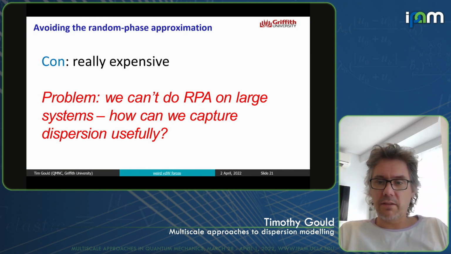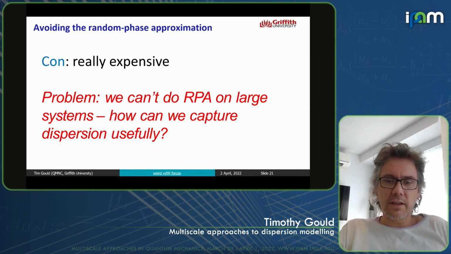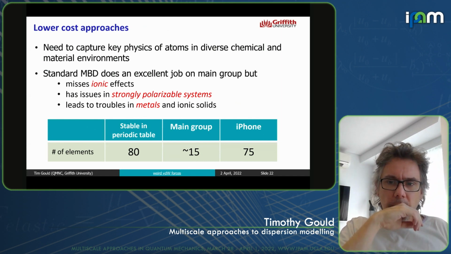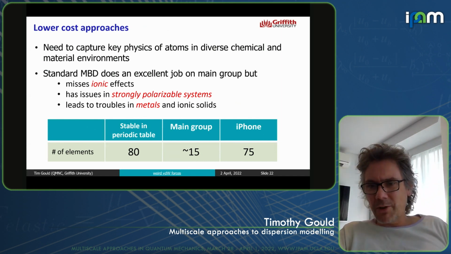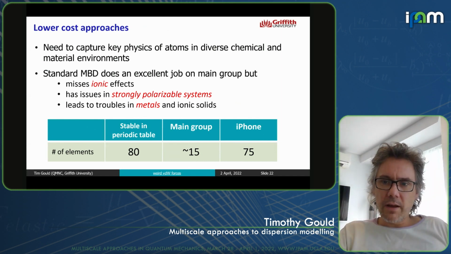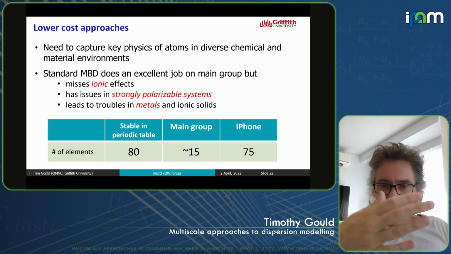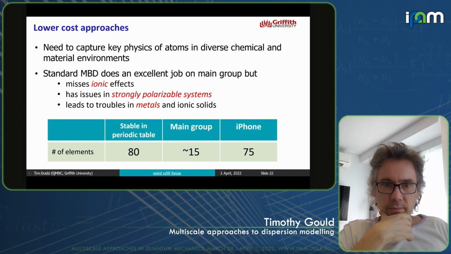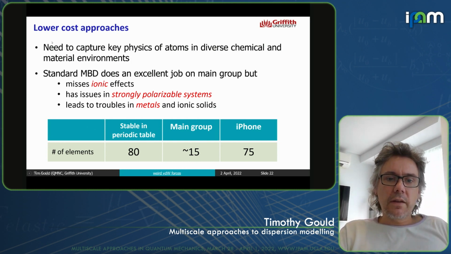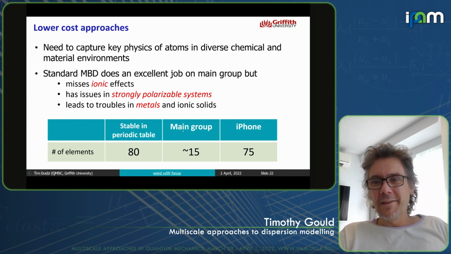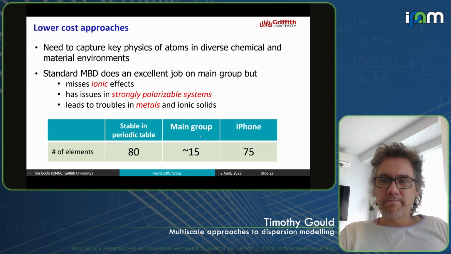So we have these models which do an absolutely fantastic job of things. There is a bit of a problem though with these models, and this is an important problem when it comes to understanding real systems, and that is that for the most part these methods are designed and heavily tested on main group elements.